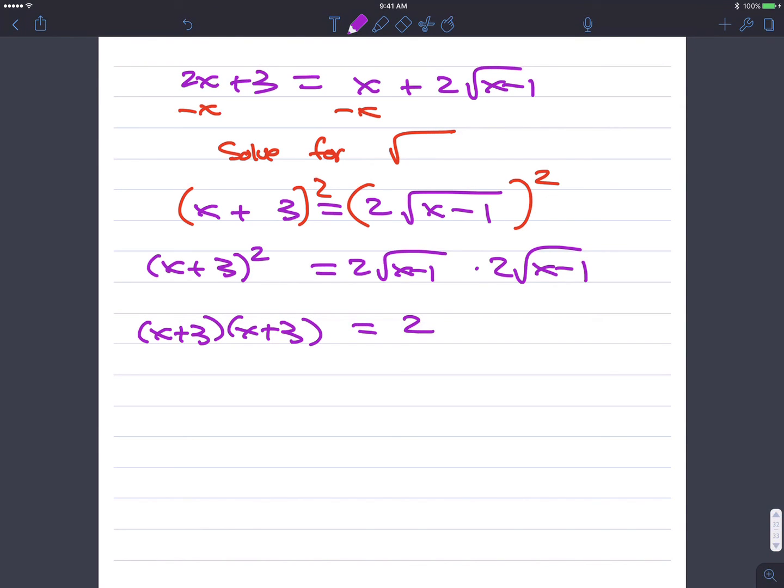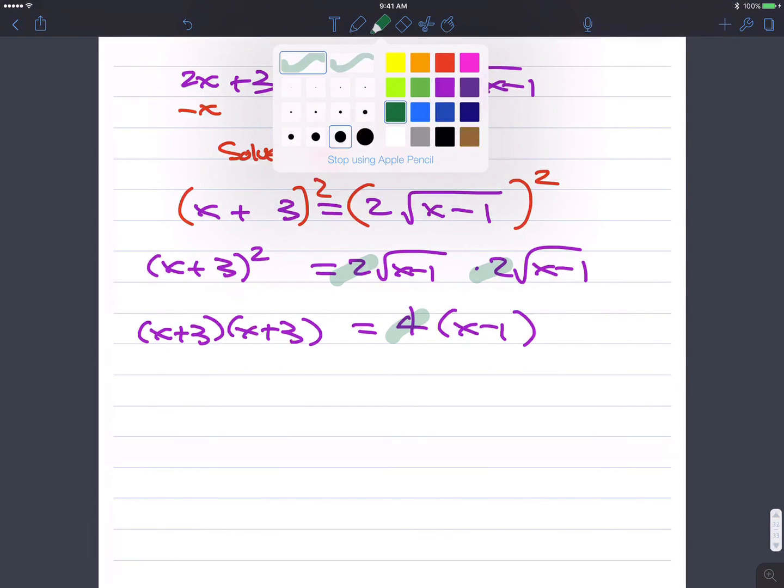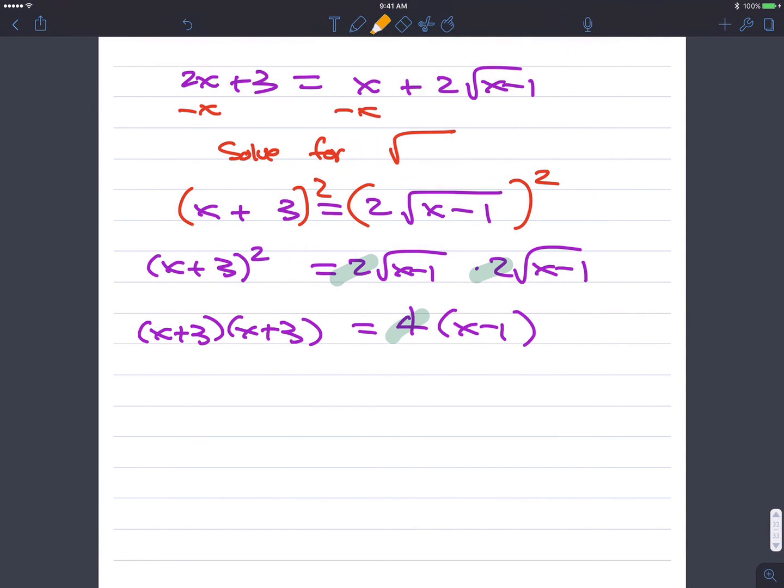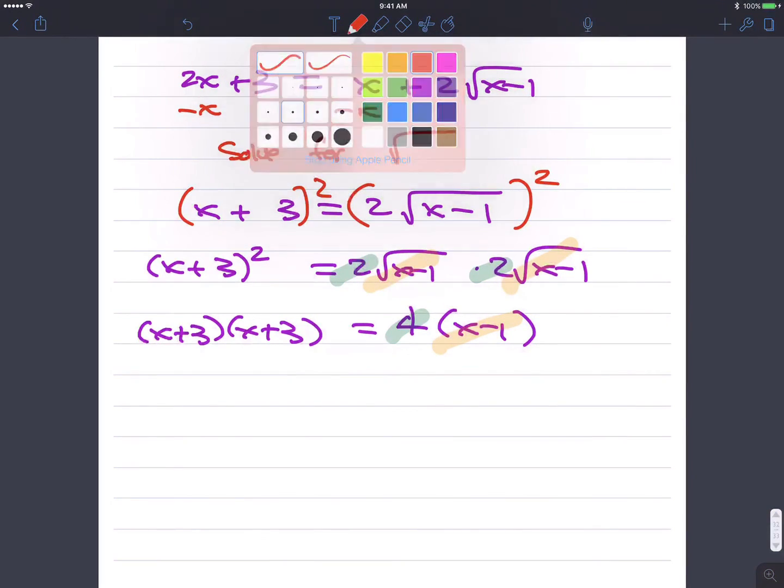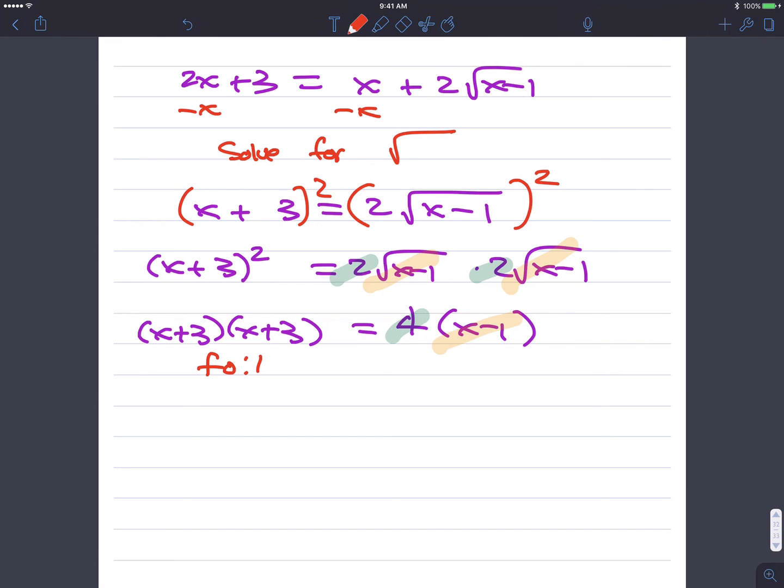On the right, this is 2 times 2, which is where I got my 4. The square root of x minus 1 times the square root of x minus 1 is simply x minus 1 without the radical.